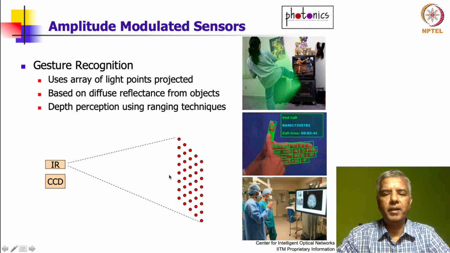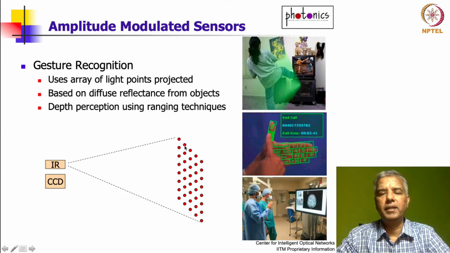Right? So you can imagine if you want to have very fine features, these dots could be much closer, and then you will be able to make out even the smallest of gestures.